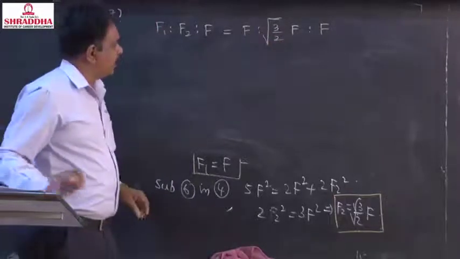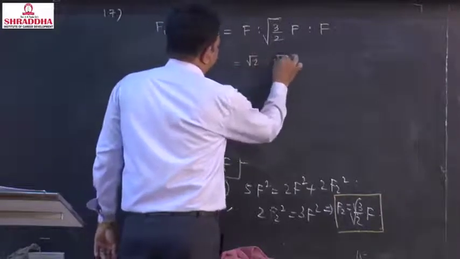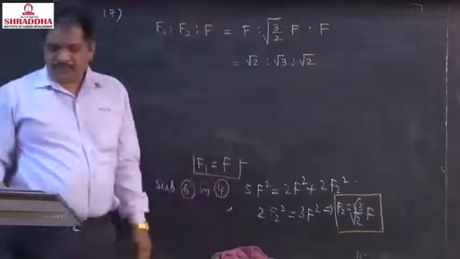So all F's will cancel. So this will be root 2, this will be root 3, this will be root 2.